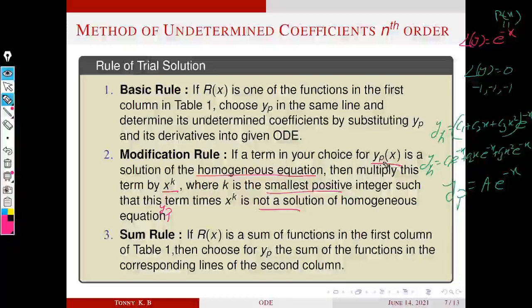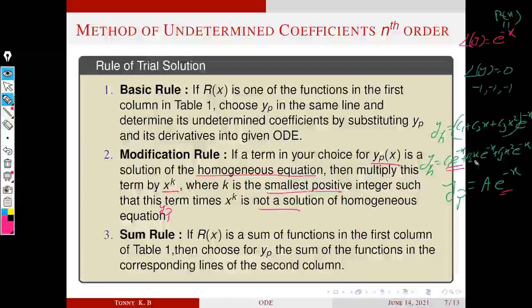The modification rule says that if yp is a solution of the homogeneous equation... our choice of yp is some constant times e raised to minus x, but is this e raised to minus x a solution of the homogeneous equation or not? Yes, a e raised to minus x is a solution, because c1 e raised to minus x is here.